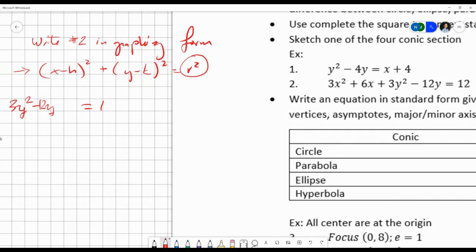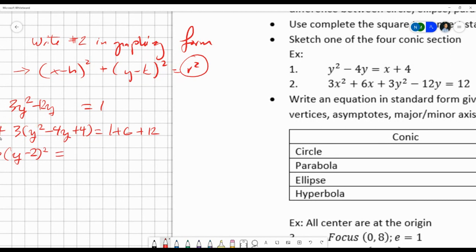Oh, why am I doing red? I did the math wrong somewhere.